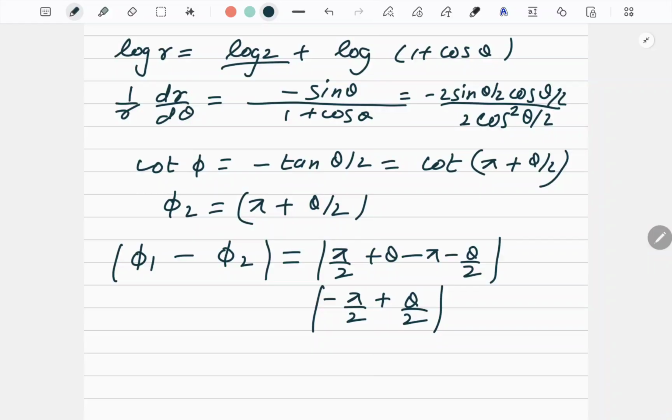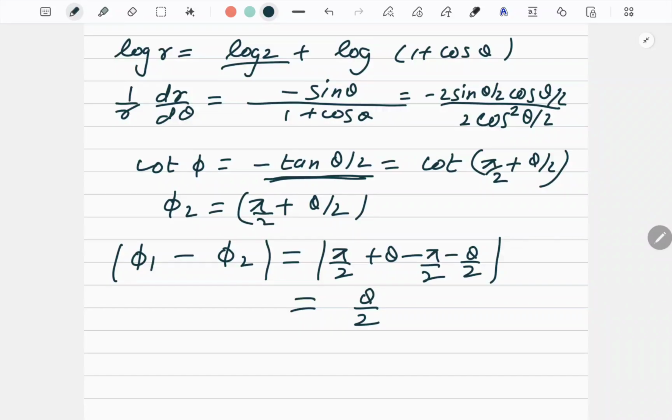Now, see a mistake here: tan also has to be converted, and it has to be pi by 2, not pi. Pi means cot will remain cot. So this is pi by 2. Oh, then my life becomes easy here. So pi by 2 got cancelled and only theta by 2 I got.